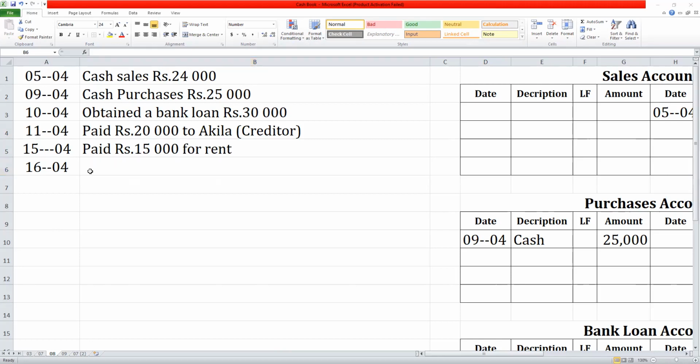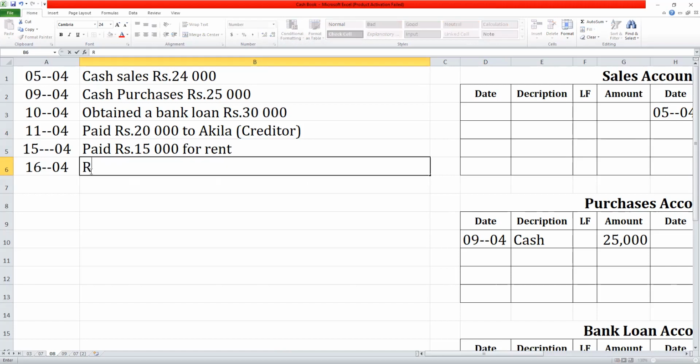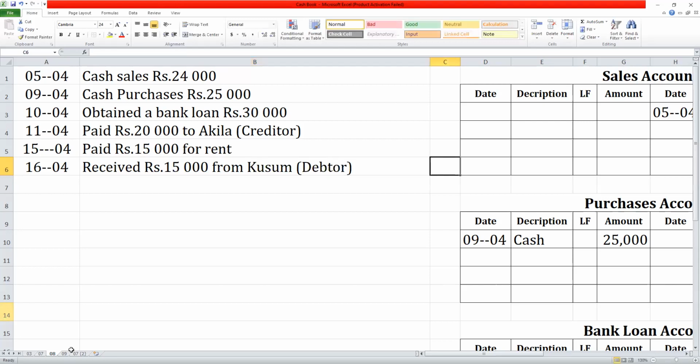16th April. It is received 15,000 from Kusum, a debtor. Very good. Received rupees 15,000 from Kusum, a debtor. Right?